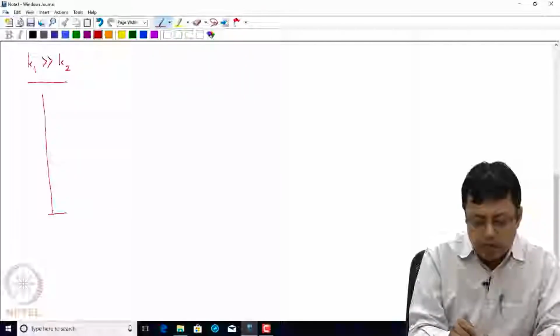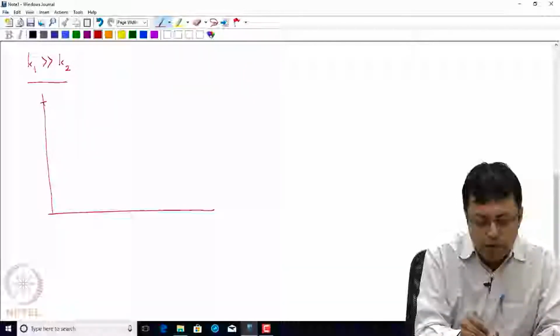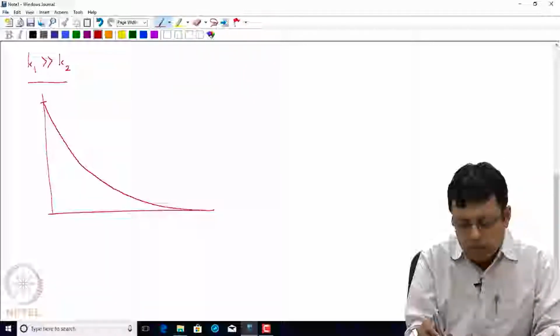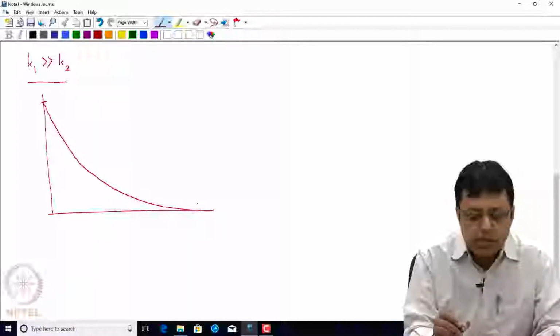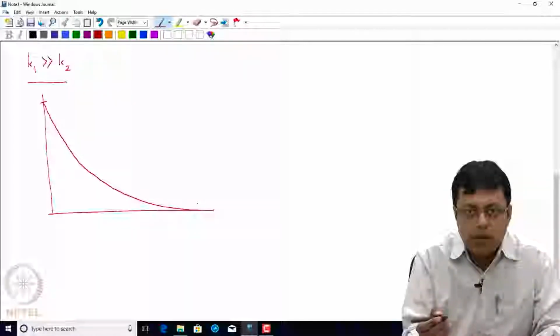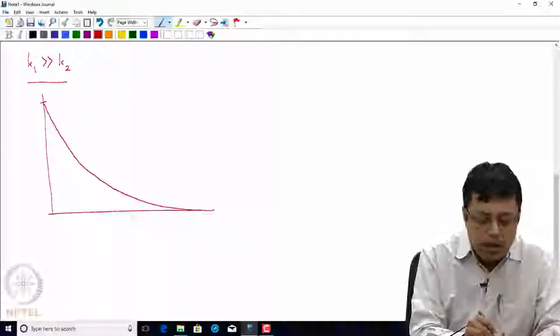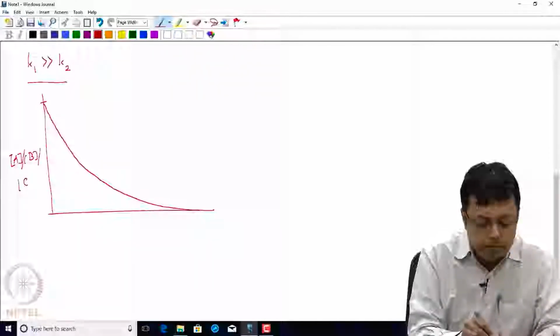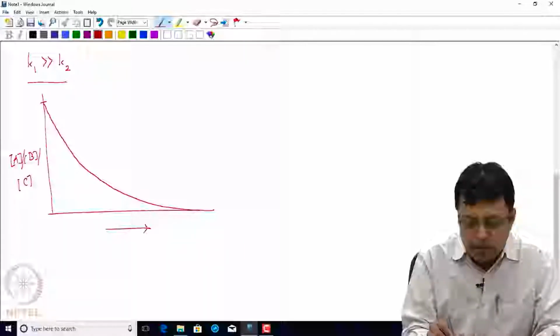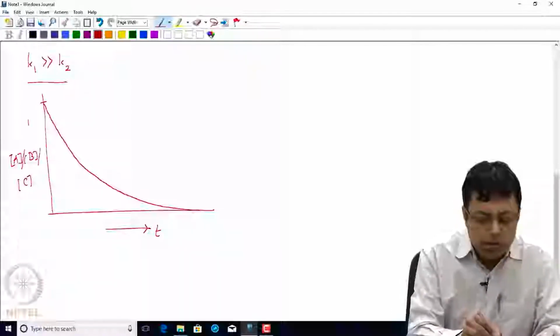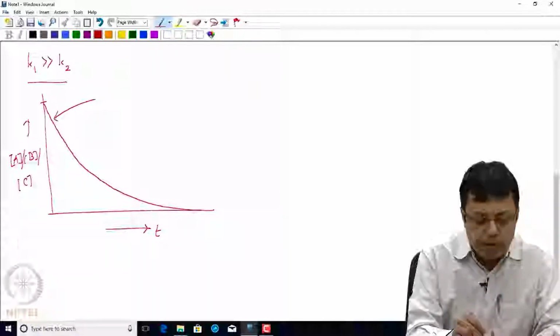The concentration of A will fall readily with a rate given by e to the power minus K1t. So, in this y-axis I am plotting the concentration of A or B or C, and I am plotting it against time. So, this curve is for A.